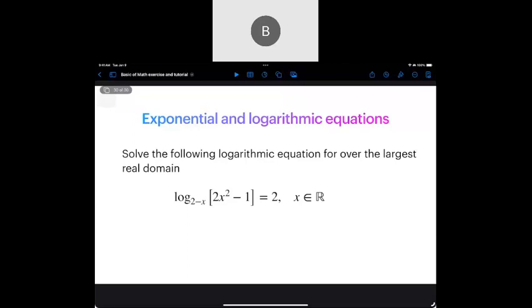So based on the domain, later we are going to see some solutions. And then we need to check, right? We need to check the solution. And how to check the solution is basically to check the domain. I hope you get my idea, okay? Why domain is important here. And the question is also to solve the equation over the largest real domain, which means that we need to make sure that it is within the domain.